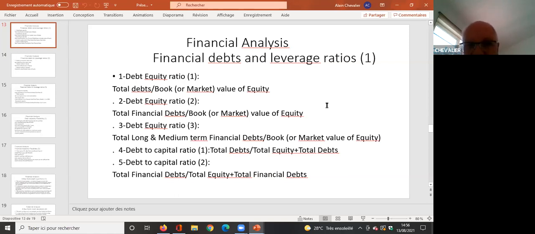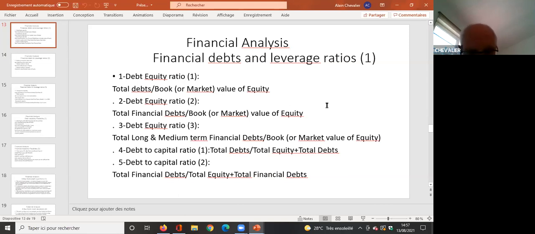Now you can have a third ratio, which is what we call the debt equity ratio, including only the long and medium term financial resources. And it is total long and medium term financial debt instead of total financial debt. It means you exclude now the short term financial debt and you divide it by the book or market value of equity.